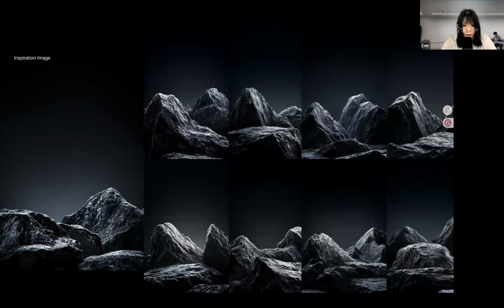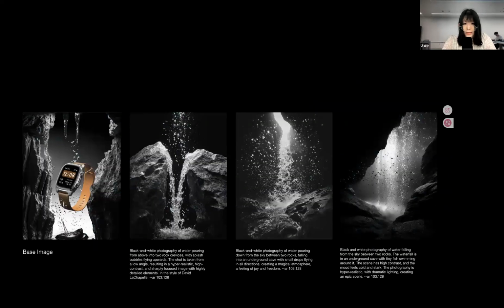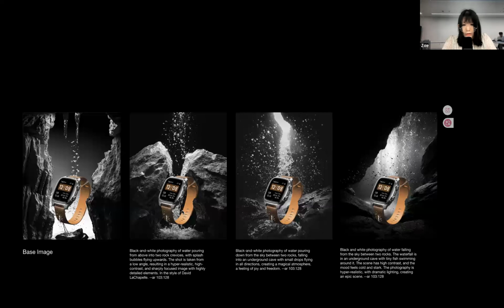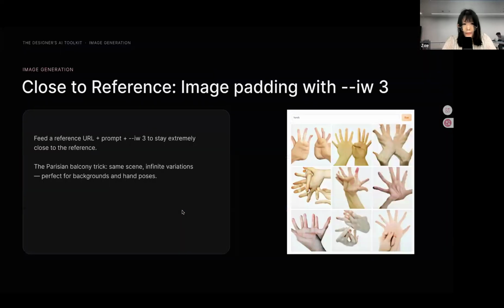You see, while they are very similar rocks, each rock is also different from the original rock. And now we can drop in our products and use as needed. This is a great fast way to explore a wide variety of different backgrounds for products.